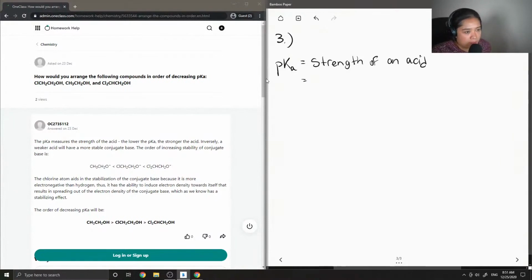So when you have a low pKa, then you have a stronger acid. And on the other hand, when you have a higher pKa, then you have a weaker acid.